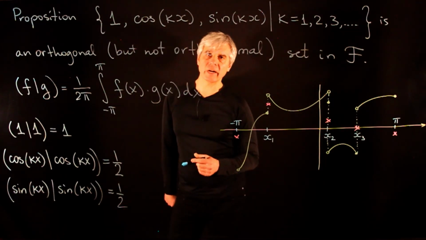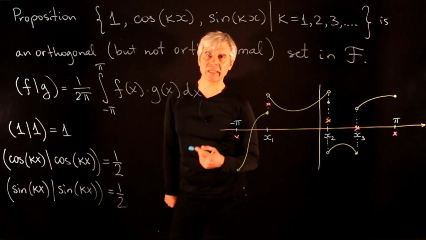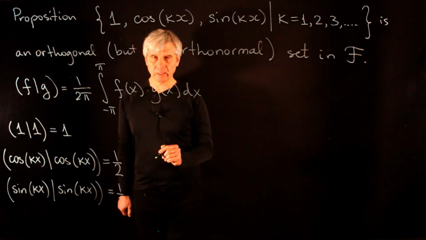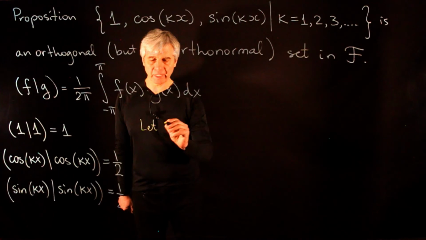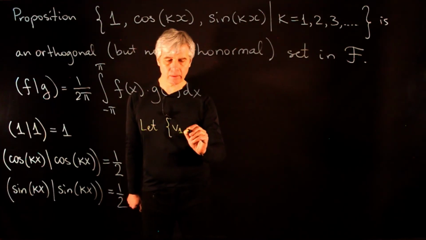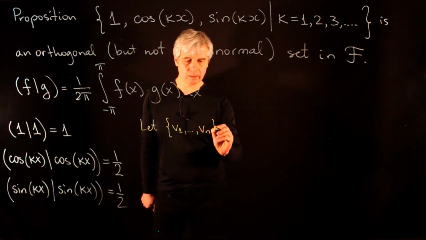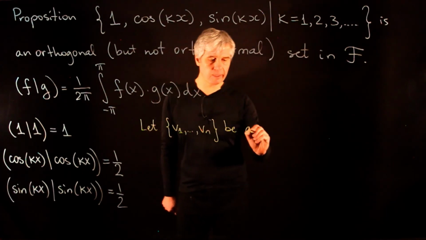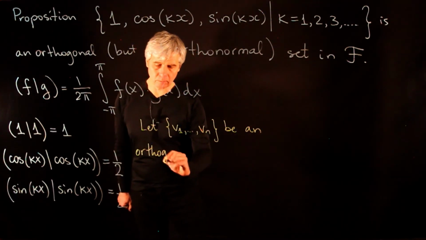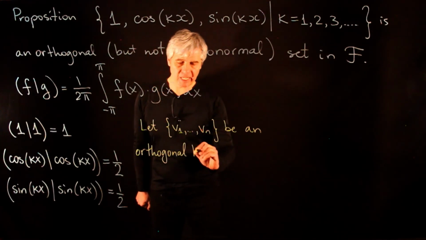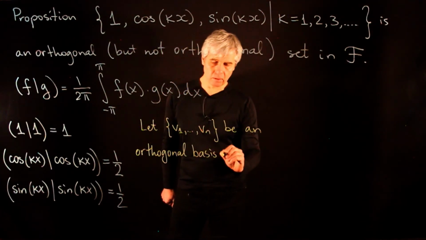Let us see now how to expand a function into a trigonometric Fourier series. Let us recall how we do it in finite dimensional spaces. Let v1 through vn be an orthogonal basis of Rn.